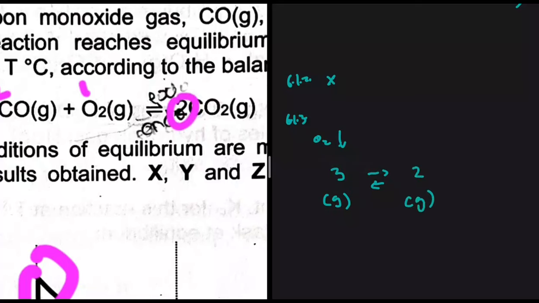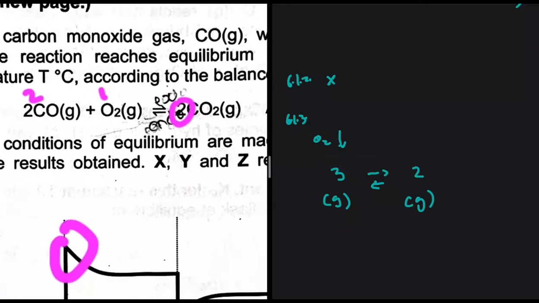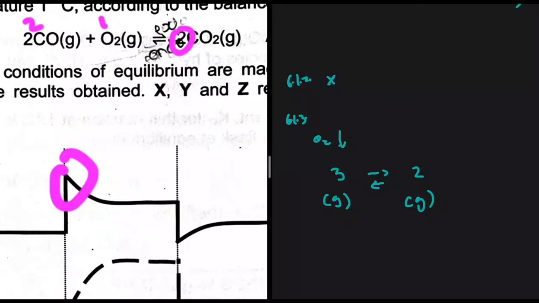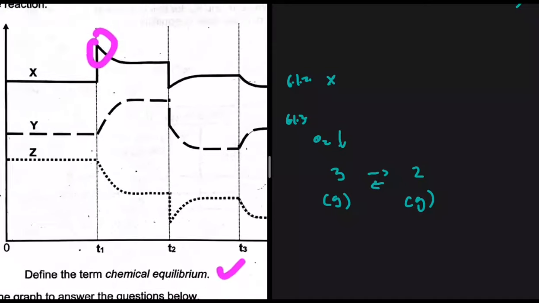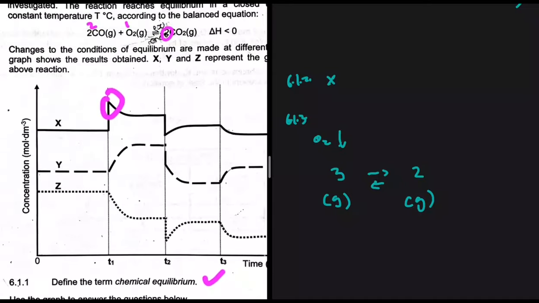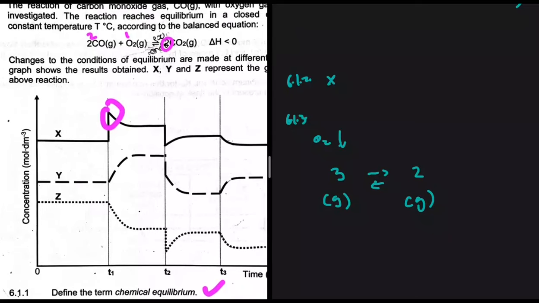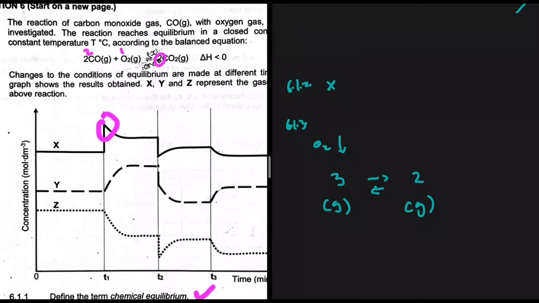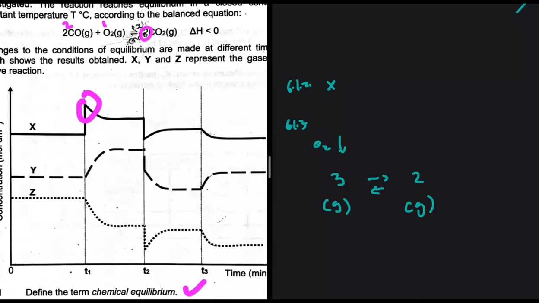Why are we doing this? We want to see how our system will react to a disturbance, because the system wants to oppose the disturbance, right? So what happened to O2? O2 at T2 went down, so the concentration of O2 goes down.